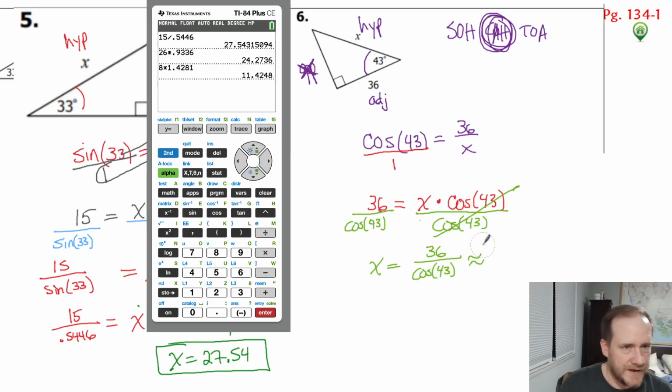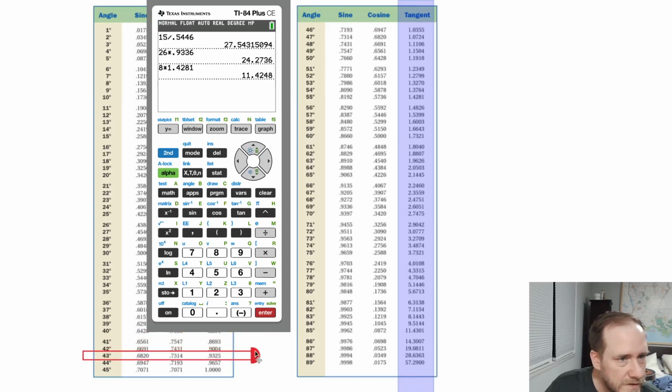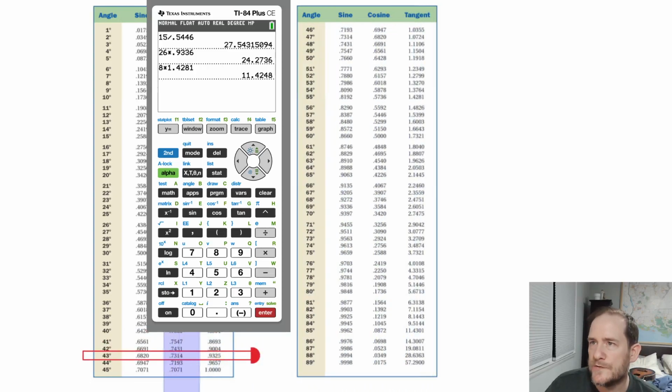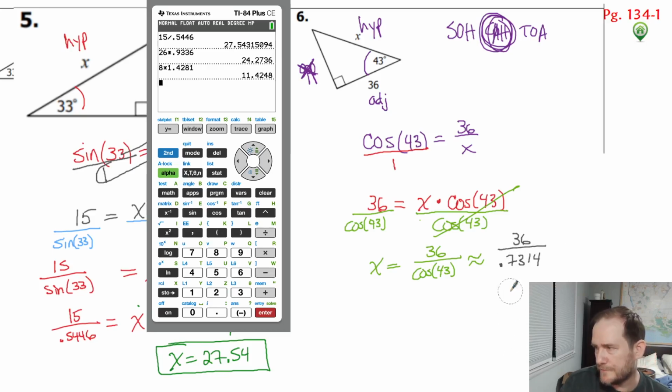And to evaluate that, we need to use our table to find the cosine of 43, which is going to put us back on this side of the chart right here. Yeah, you guys can see that. And the cosine is the middle column. So 7314. So the cosine of 43 is 0.7314, and we're dividing 36 by that number.